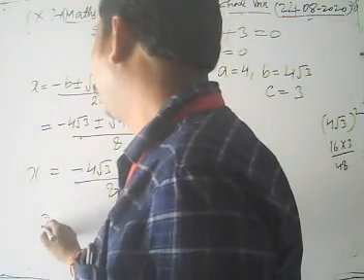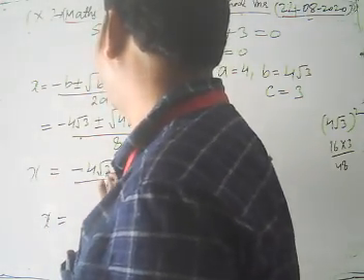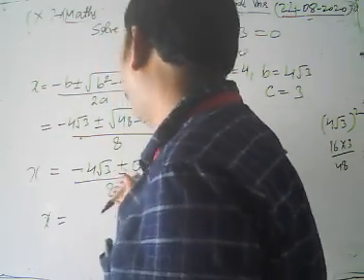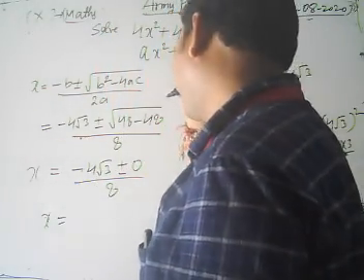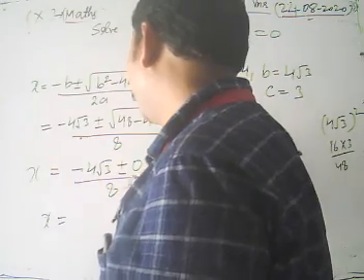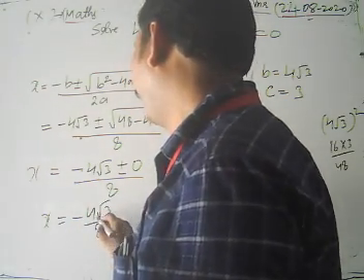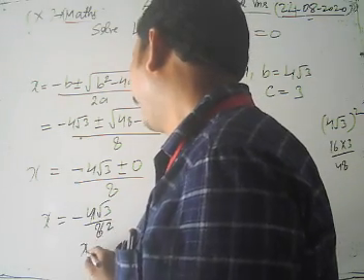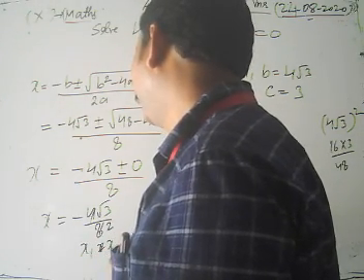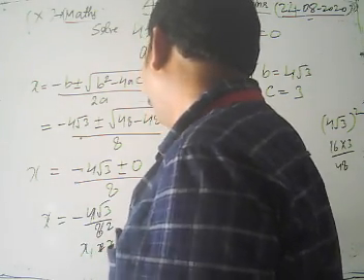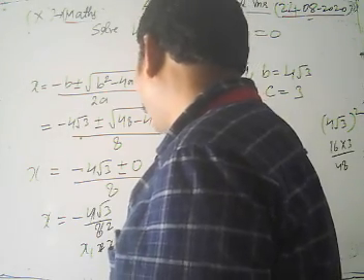Then what are our roots? Our discriminant part is 0 here, so we have just minus 4 root 3 upon 8. That means our x1 and x2 are both given by minus root 3 by 2.